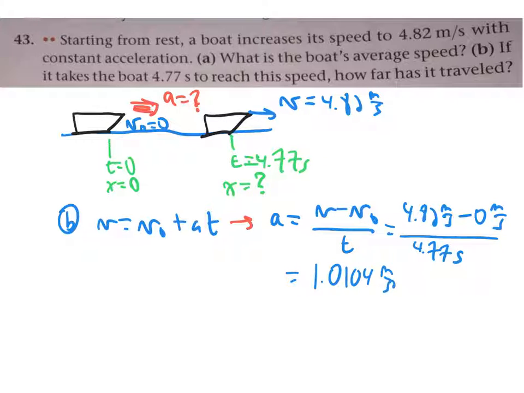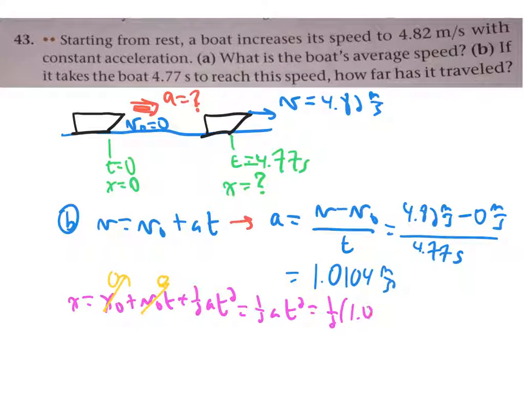Instead, I'm now going to say, what can I do with that to get position data? We have this equation, x equals x0 plus v0t plus a half at squared, and conveniently enough, x0 is 0 and v0 is 0. So I really end up with just 1/2 at squared, or 1/2 of the thing I just found, times the 4.77 seconds all squared.